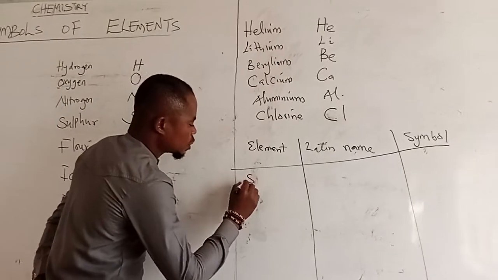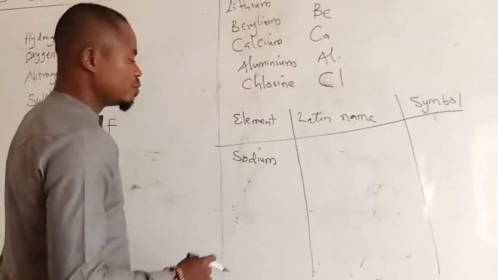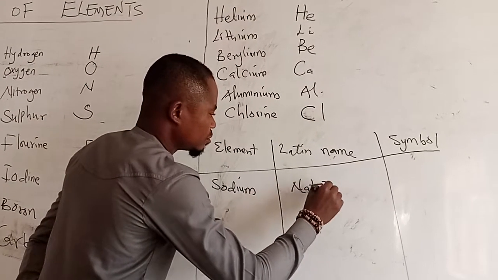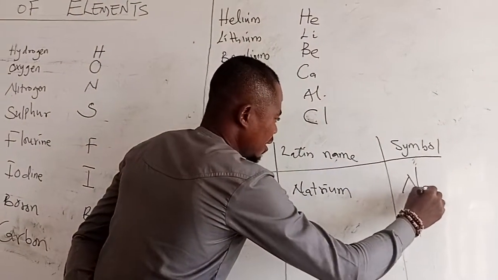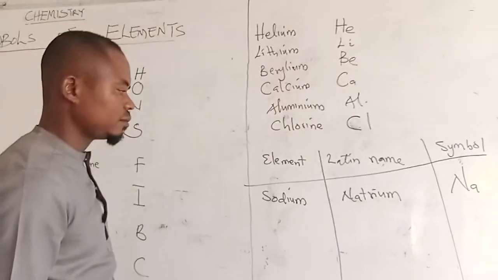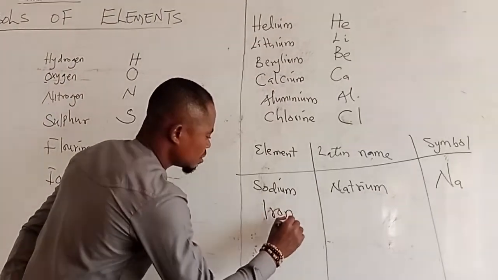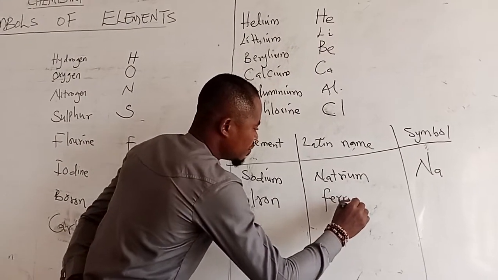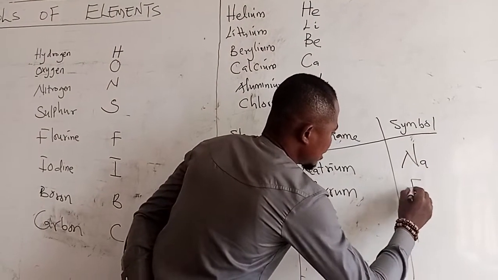For an element like sodium, the symbol is derived from the Latin name natrium, written as Na. We have iron, the symbol derived from the Latin name ferrum, written as Fe.